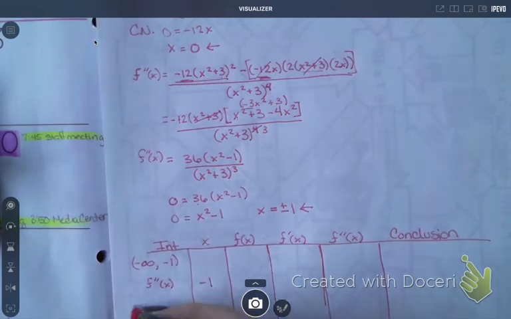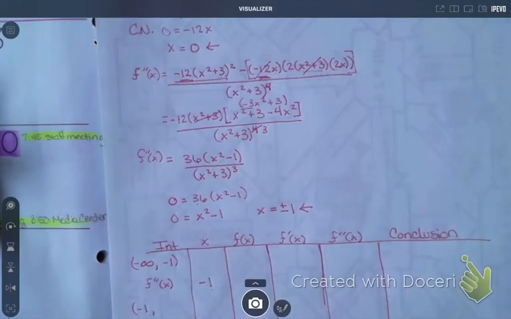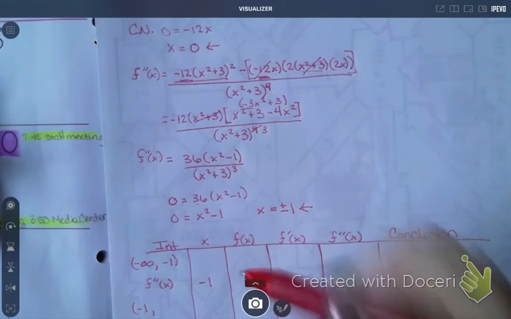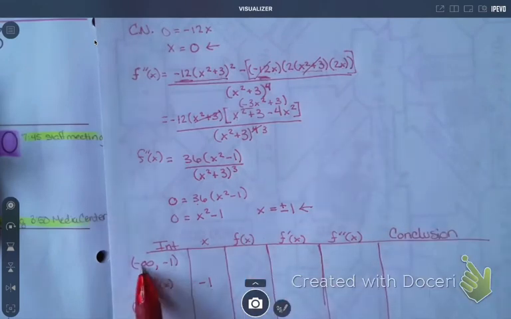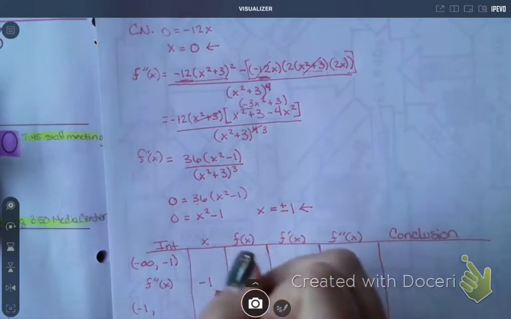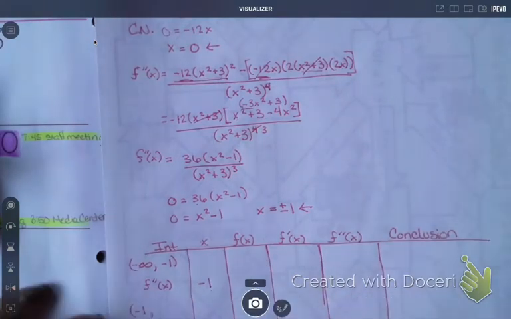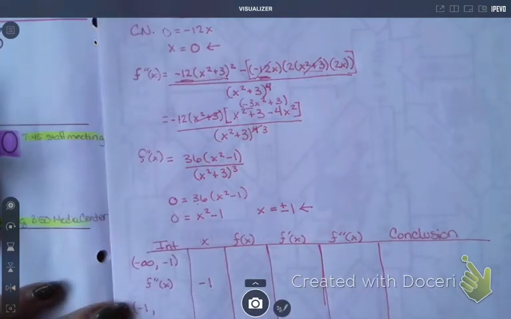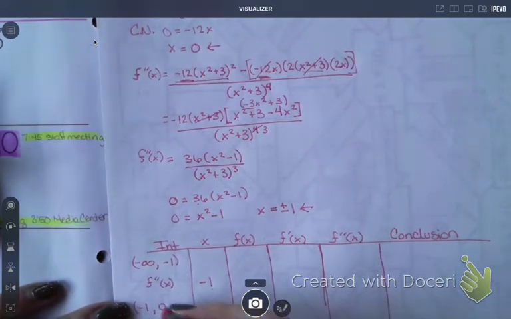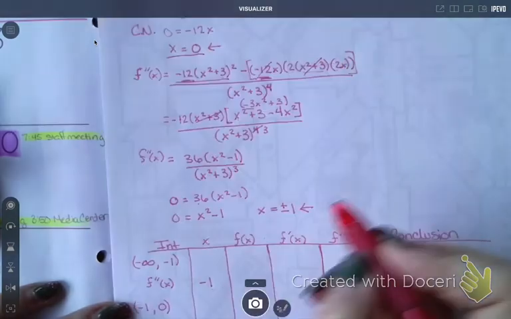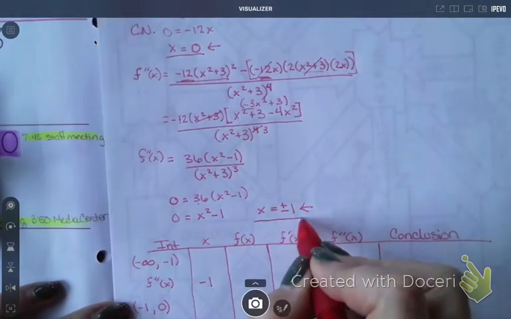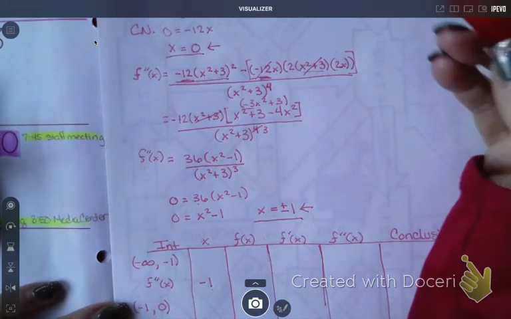And then the next line is negative 1 to what? Why wouldn't you write negative 1 like up more? Because negative 1 is not between negative infinity and negative 1. Negative 1 is a point where things change. Okay, so negative 1 to what? To 0. We're looking at critical numbers, zeros of the second derivative, and anything excluded from the domain.